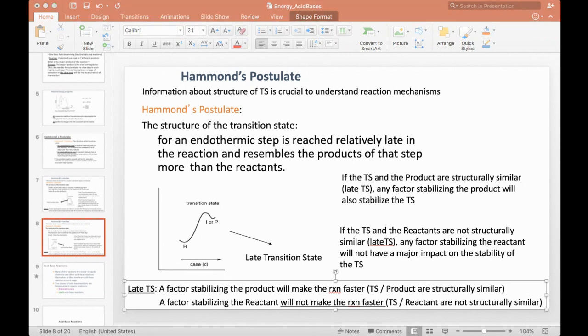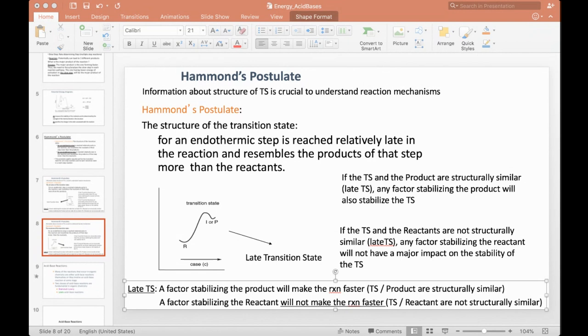Somebody's asking me what is a factor that actually can stabilize the reactant? It could be a chemical or something about the reaction. We'll get deeper into this in orgo chem, but I'm going to give you an example. The solvent can solvate a reactant or the product better depending on the structure of these.